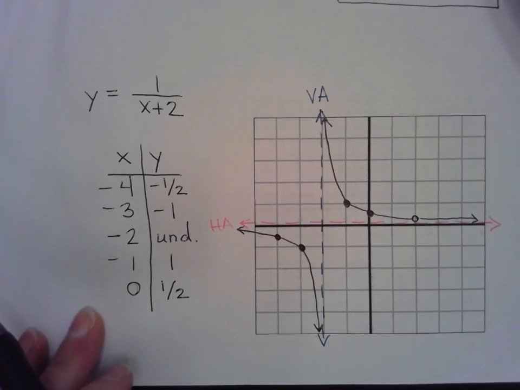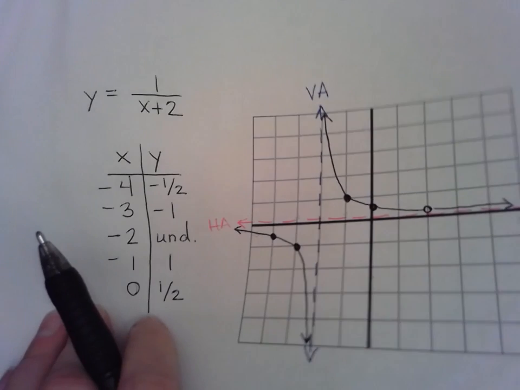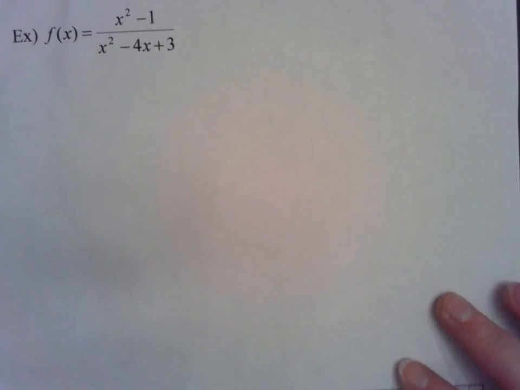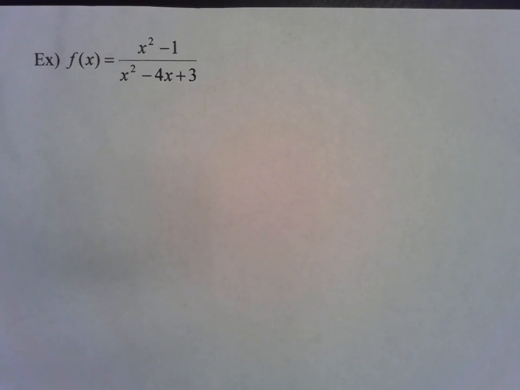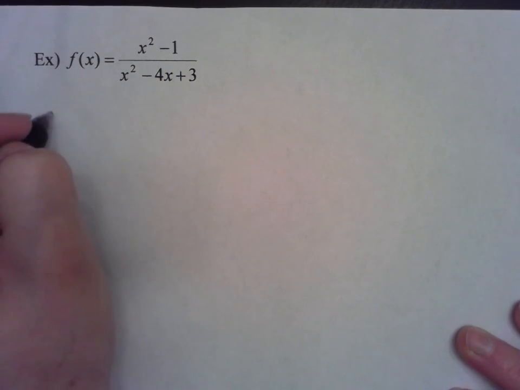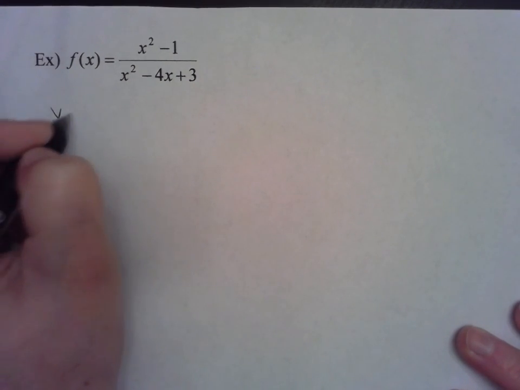Okay, let's do one more. We're going to go through the same steps just to give you a good idea of how these work. Okay, so first, let's factor this.